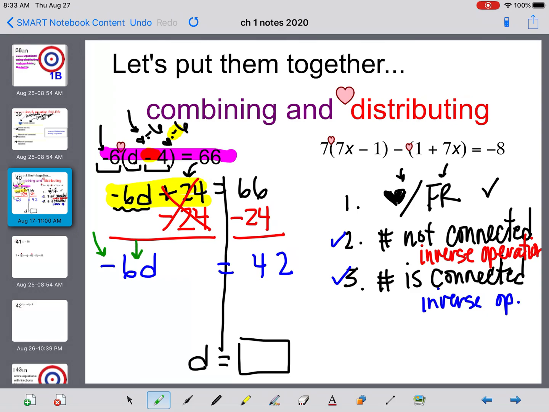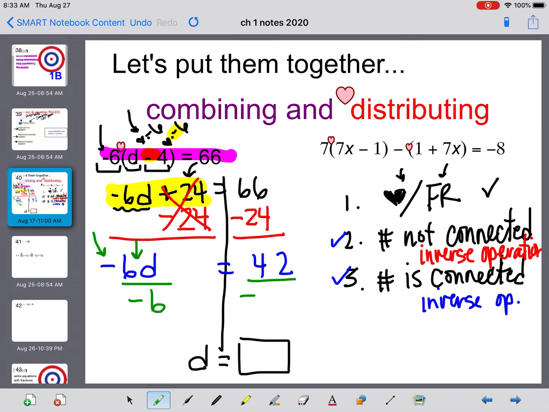But remember, when I have a number and a letter right next to each other with nothing in between, that's actually multiplying. So this negative 6 is multiplying D, because that minus would need to be in between the 6 and the D for it to be subtracting. And it's not in between. There's nothing in between, and so this is multiplication.